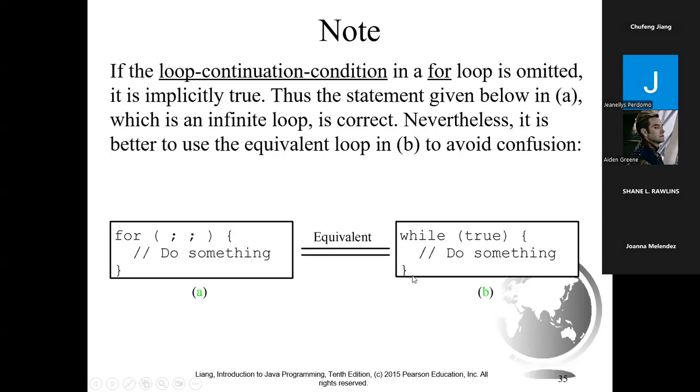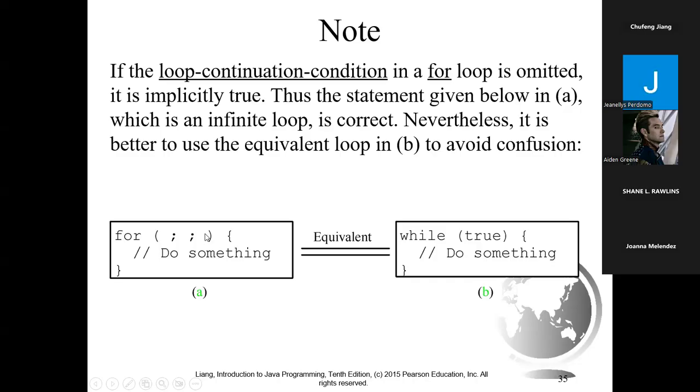And if the loop continuation condition in the for loop is omitted, that means we do not write anything in between. For example, in A, there is nothing there, right? That means if there is nothing written in the initialization, the Boolean expression or the action after the loop body, everything in the three places is implicit true.